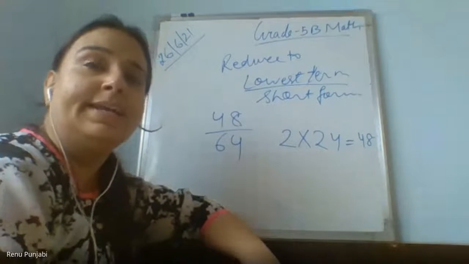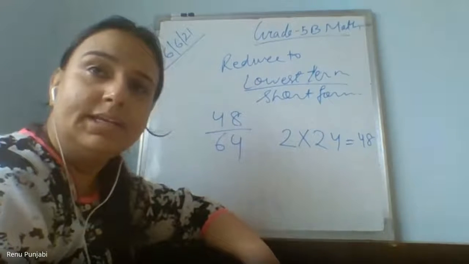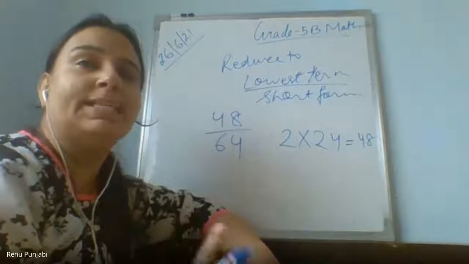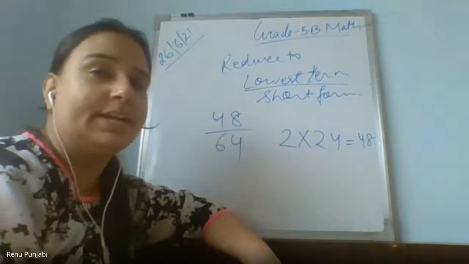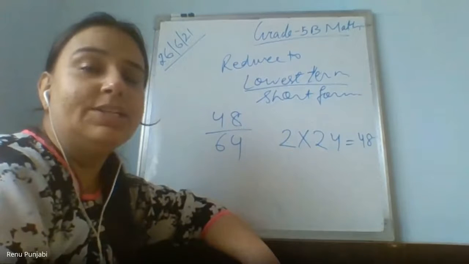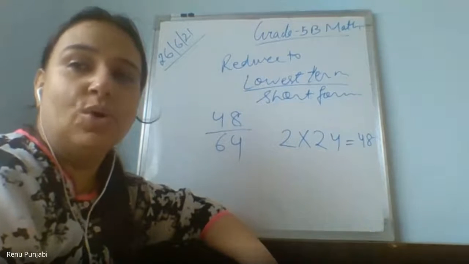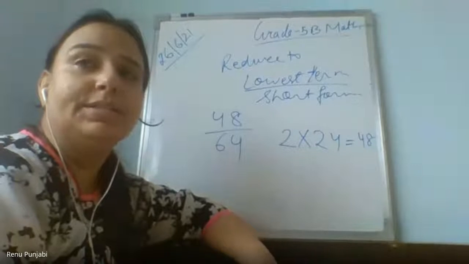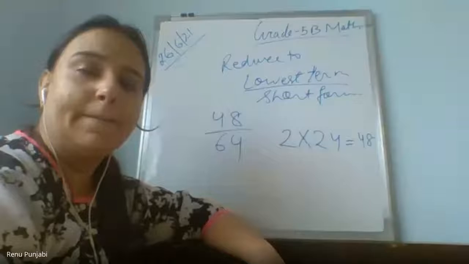Is 48 divisible by 3? Check. When there is no remainder, then it will be exactly divisible. Please check. Do the division. I'm telling you, do it. 48 divided by 3.